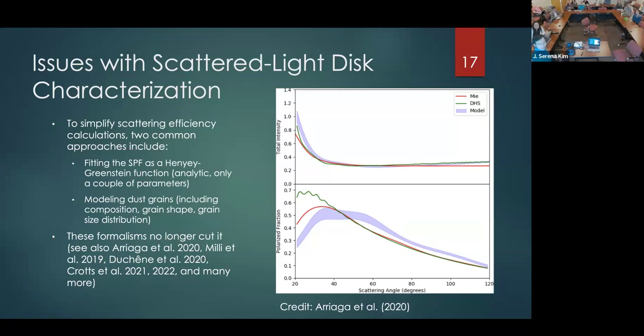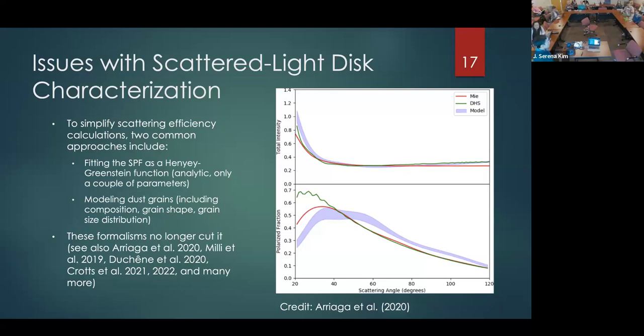And so this is a figure that I'm showing from Arriaga et al. 2020 that is trying to fit this measured scattering phase function of a debris disk and also trying to fit a measured polarization fraction phase profile simultaneously with some of these different dust grain models.